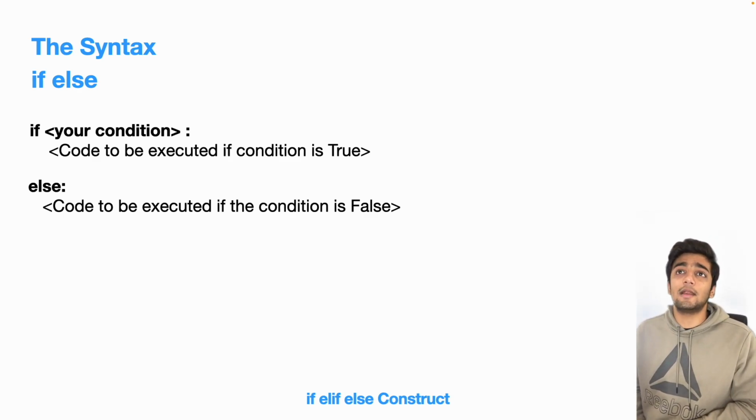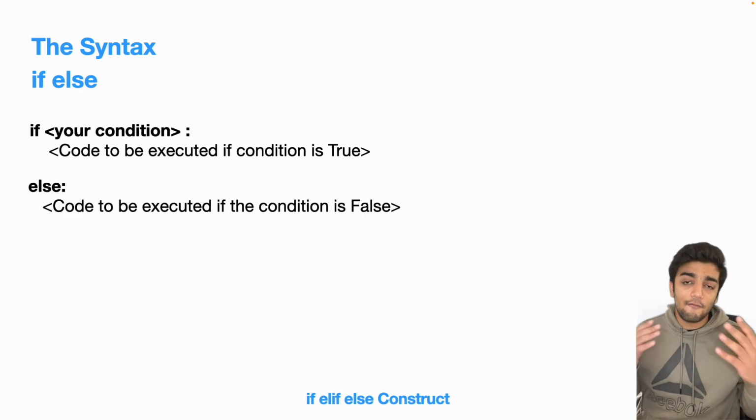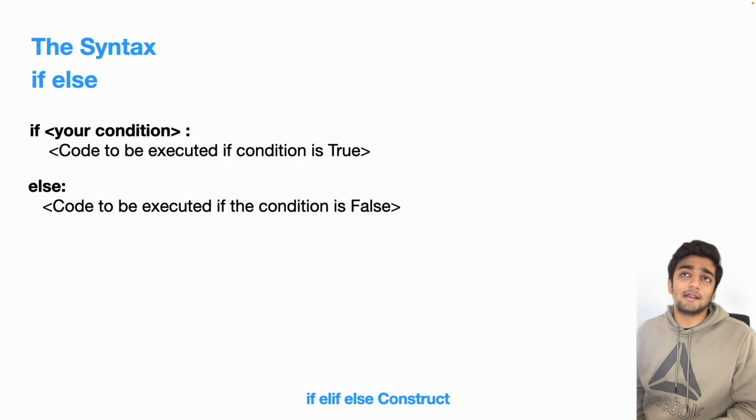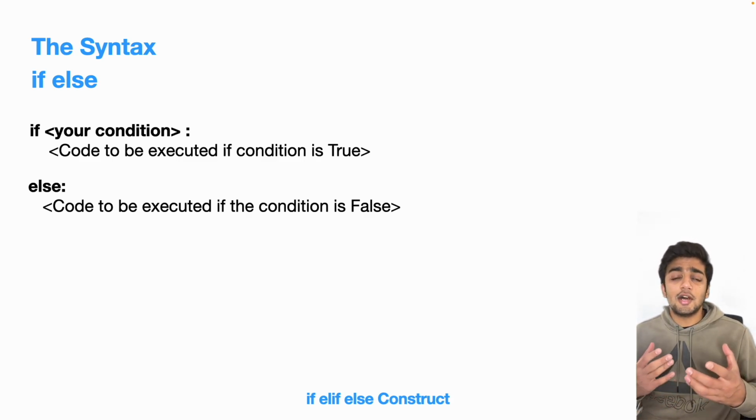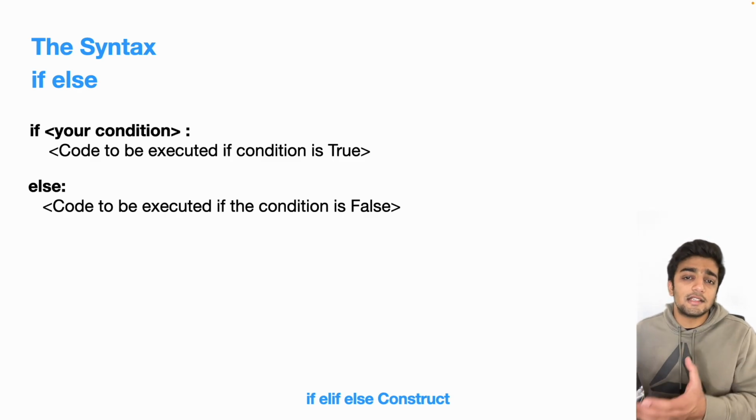In the else statement, you basically do not have a condition. The else block executes if all of the conditions in your if block are false, and that is just code that you want to write which does something if something doesn't hold true.